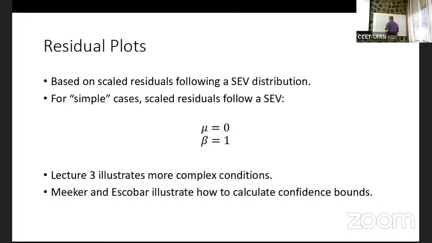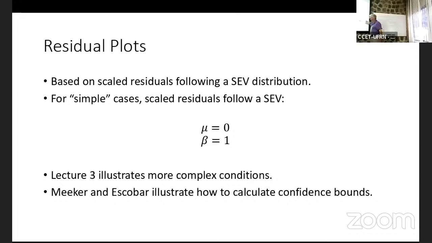And the parameters are a mu and a sigma. And for the simple scale residual case, we're going to have that the mean, the mu for the log location scale family distribution, the SEV is 0, and sigma equals 1. Looks like a standard normal distribution. And that's convenient.